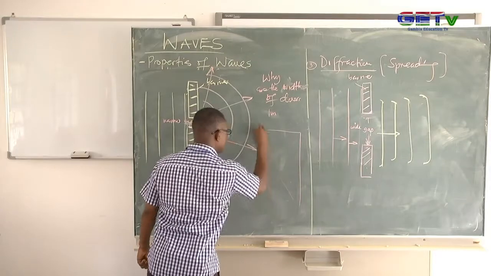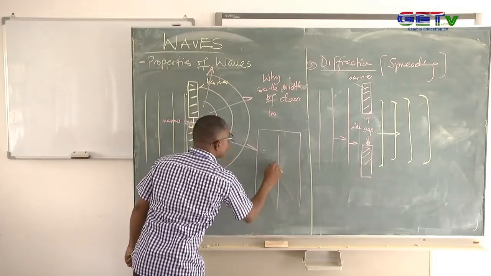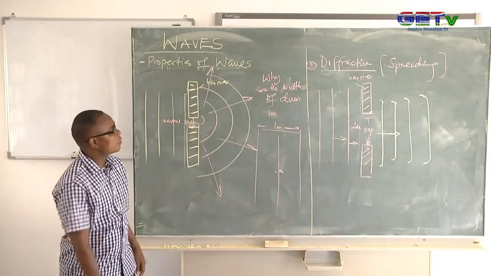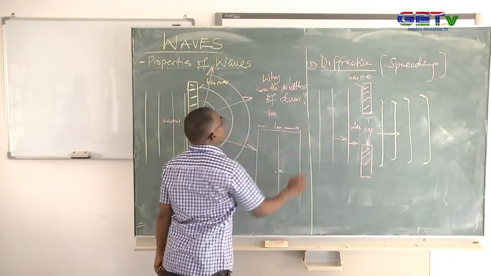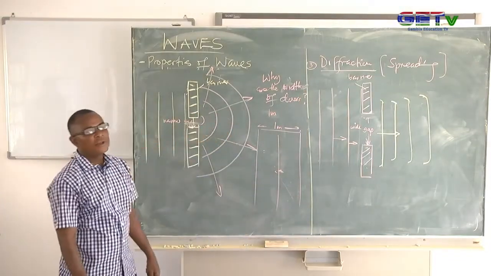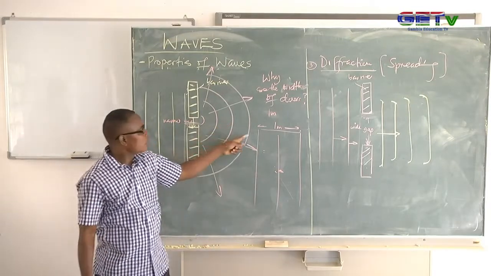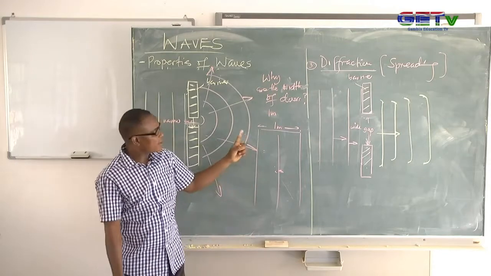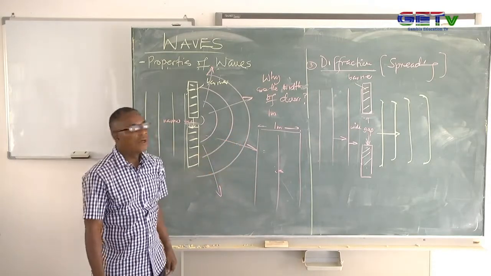Meaning you see doors, this is a door here, but this width is 1 meter. Why is that so? Not the width, the breadth I mean. The width of standard doors, I'm not talking about local doors or something, but standard doors are 1 meter. Why is it so?